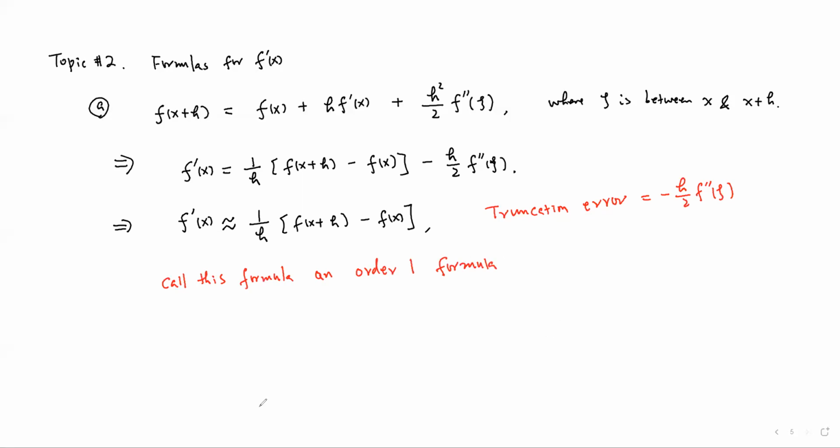Why order 1? Take a look at the power of h. When h approaches 0, the error approaches 0. How fast? Order 1, the power is 1. We call this an order 1 formula for derivative.